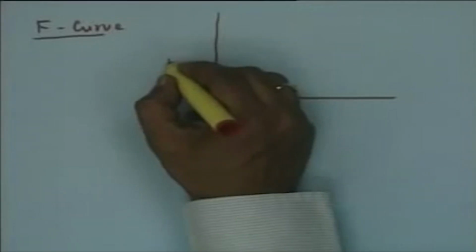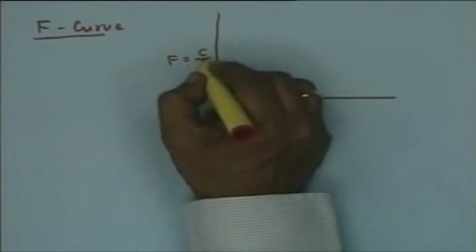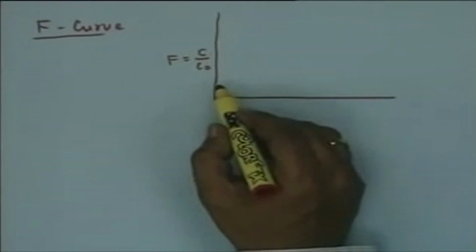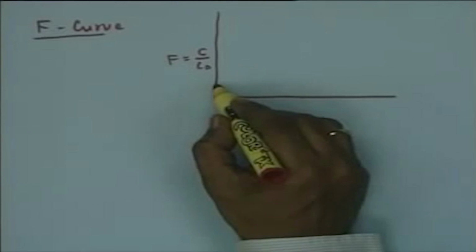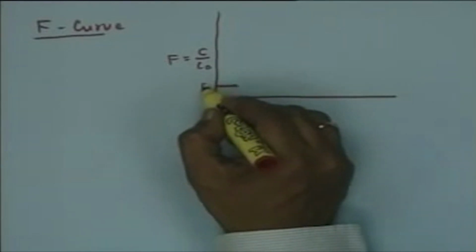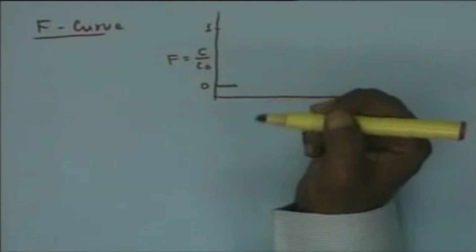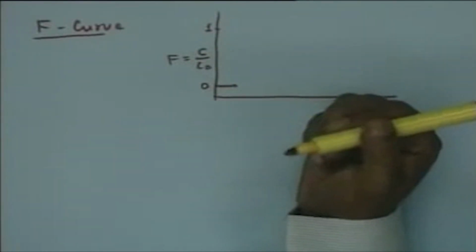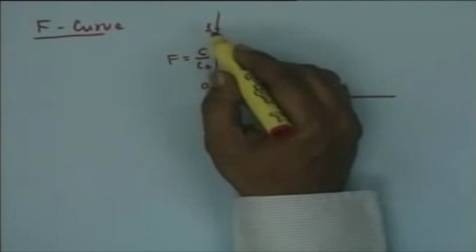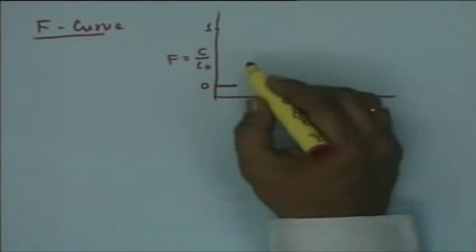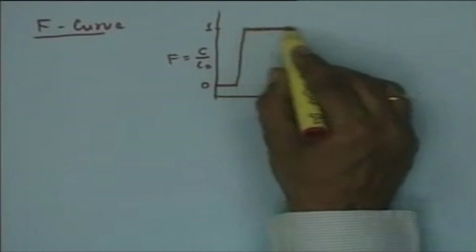That means this F is essentially equal to C upon C naught. Let us say your initial concentration is 0 and C upon C naught goes to 1, that means the concentration of the tracer is C naught, and so C upon C naught is 1, and this is given over a period of time.